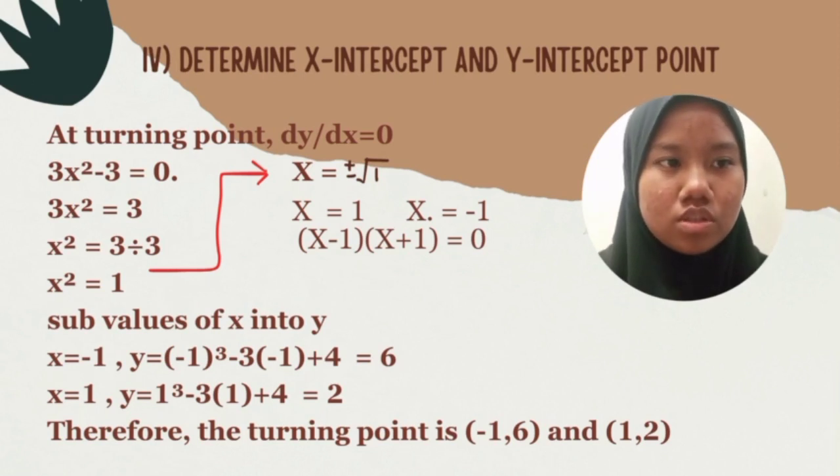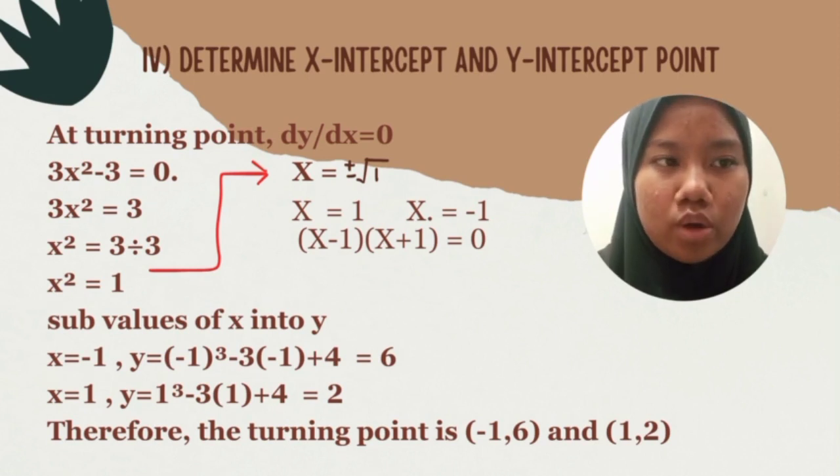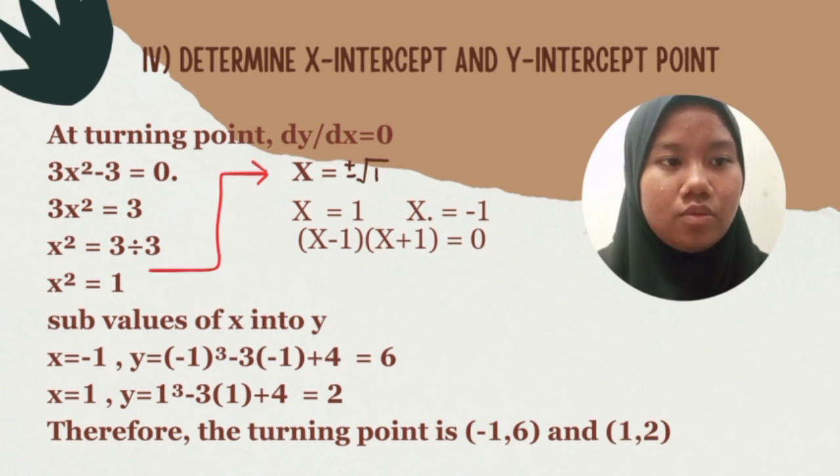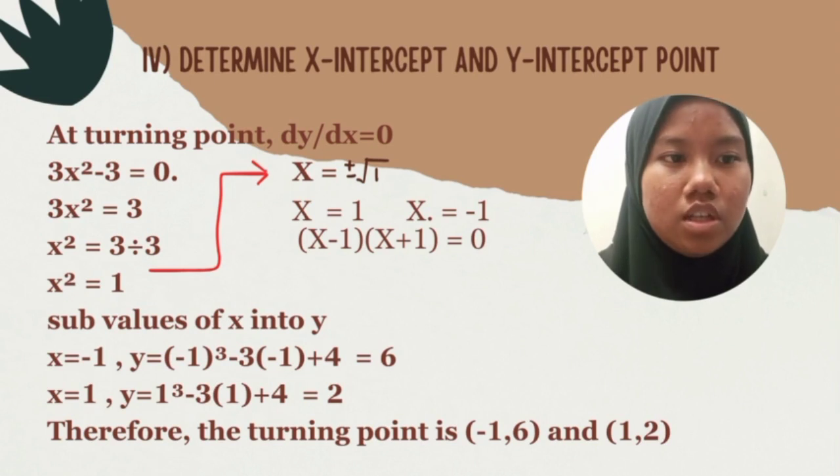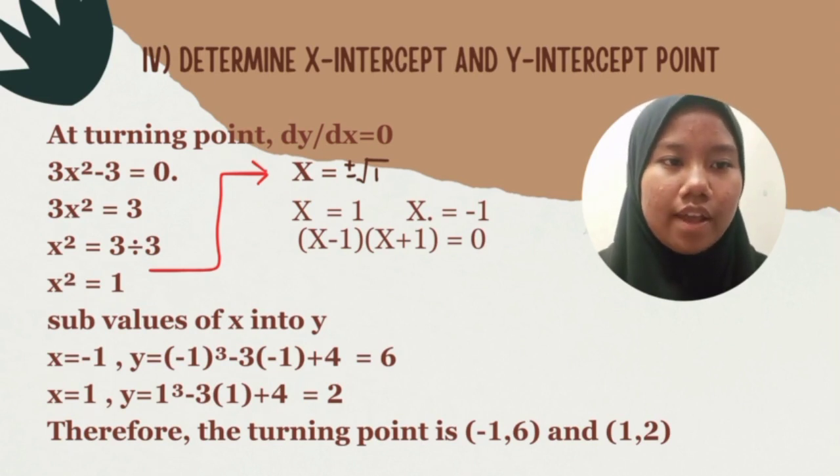Then you need to substitute the values of x into y. x equals minus 1. You need to take the equation y equals, in brackets, minus 1 to the power of 3 minus 3 in brackets minus 1 plus 4, equals 6.